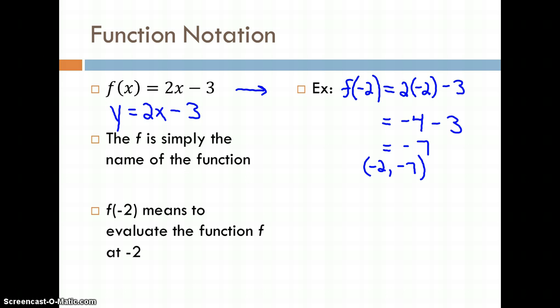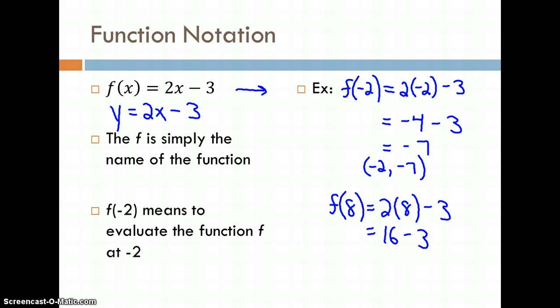We'll do one more here. Let's do f of, I don't know, f of 8. So again, everywhere we see x in our function, we substitute in 8. I have 2 times 8 minus 3. 2 times 8 is 16.